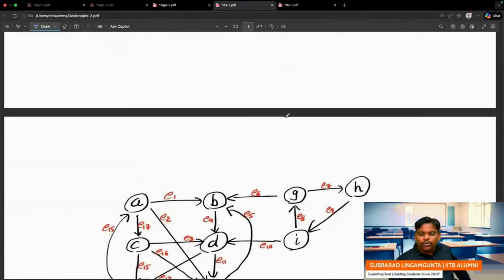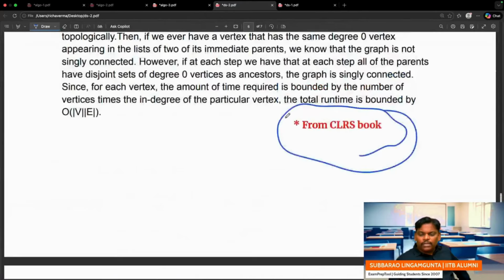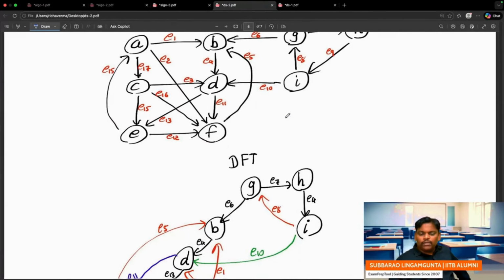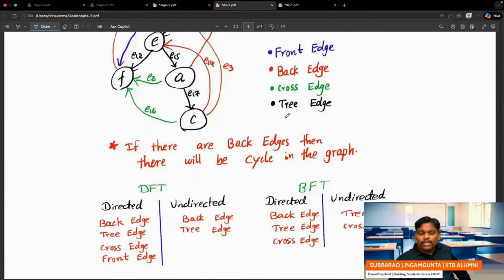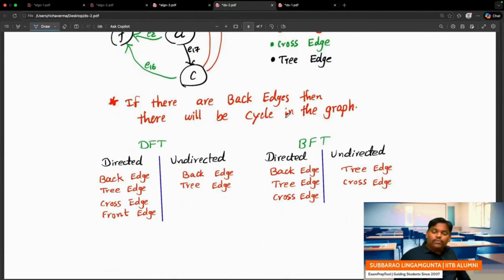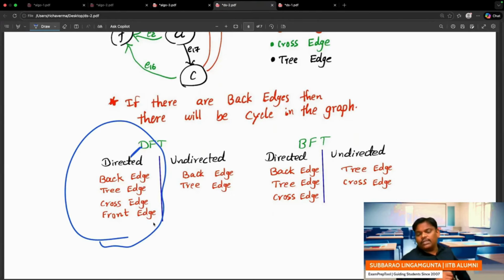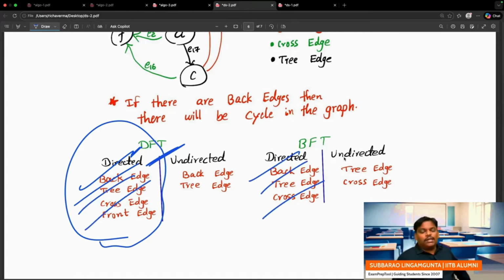Please let me know if anyone has any doubt. Now I think until here you are done, let's go to the next one. One example I took, I verified also. And one more thing, some people are asking what edges are in DFT directed. There are four types of edges. Directed has more types of edges, so in a directed DFT all are possible. In BFT directed: back edge, tree edge, cross edge.